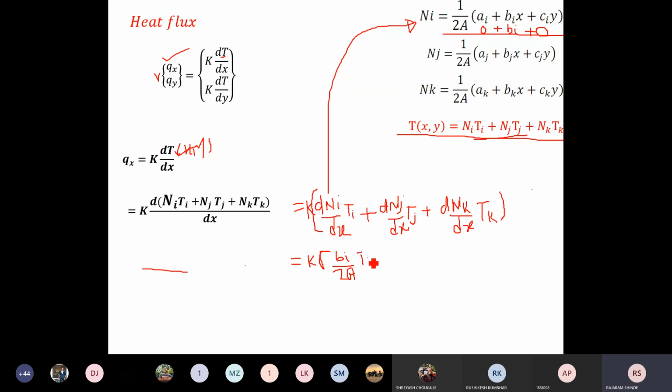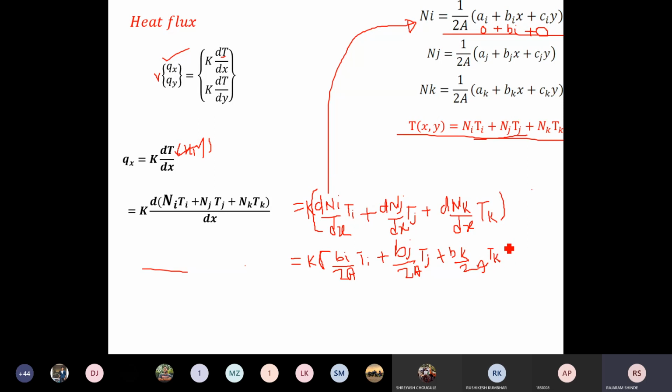Now what about the derivative of the second term? It is bj by 2a, into tj, plus bk by 2a into tk.